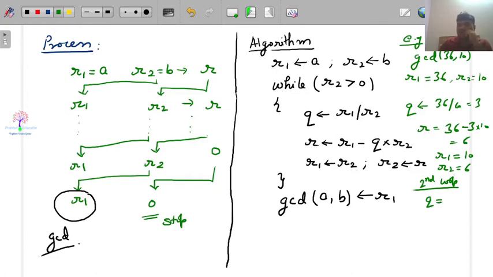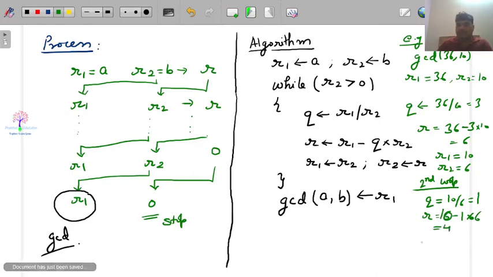So R1 is 10 upon 6, so it is 1. Remainder R is R1 minus Q multiplied by R2. It was 10 minus 1 multiplied by 6, which is equal to 4.